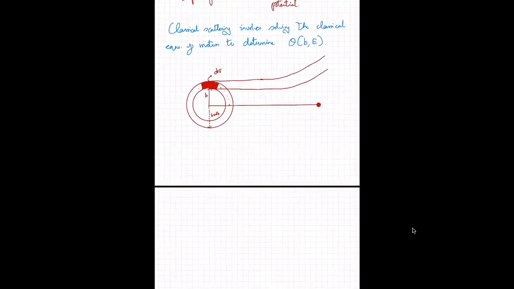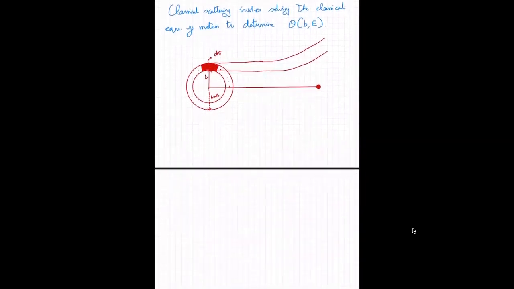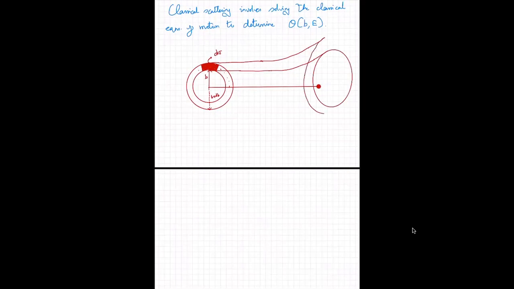Okay, so every particle in this area d sigma on this ring is now going to be scattered away, and it's going to look something like this.